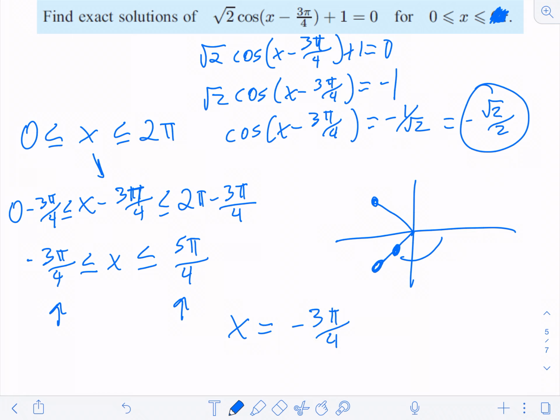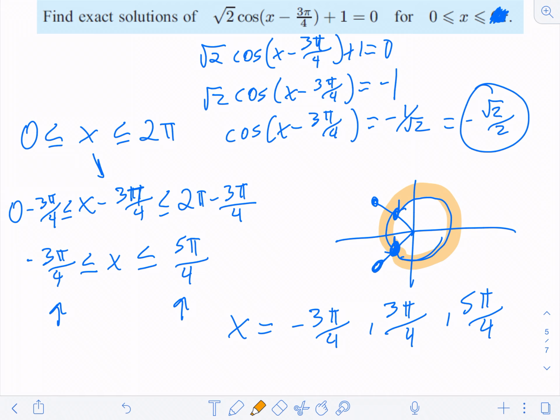That's one of my answers. And then I'm going to go around all the way to 5 pi over 4. Here is 3 pi over 4. That's going to be another one of my answers. And then we go down to 5 pi over 4, which is another one of my answers. So I started from here and went all the way around to here.